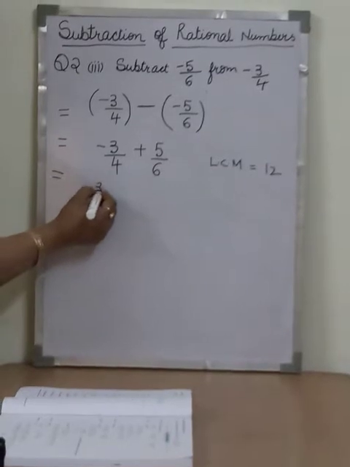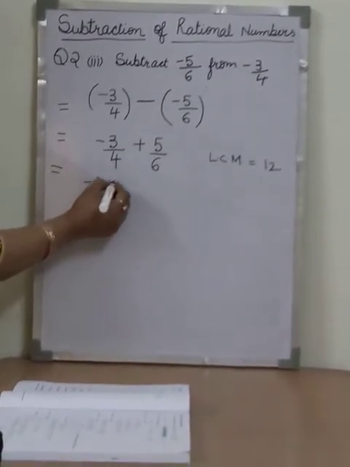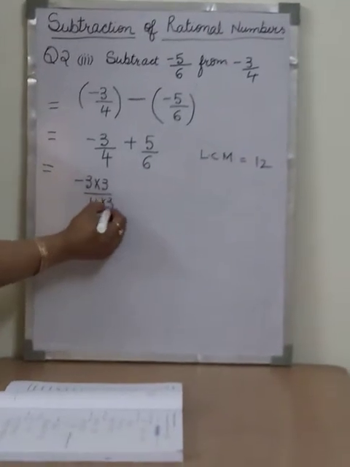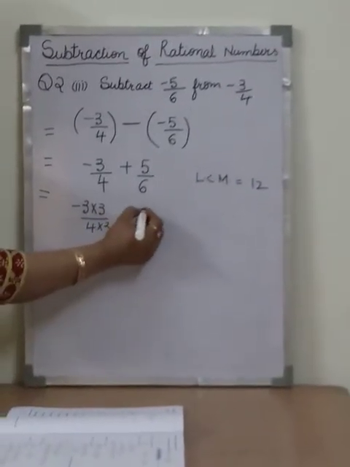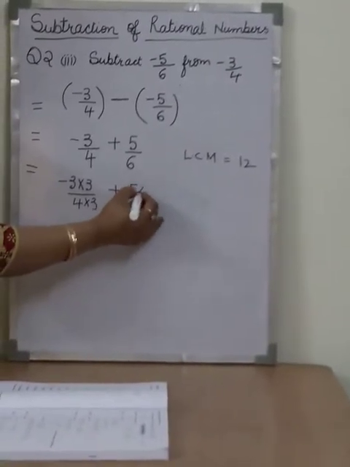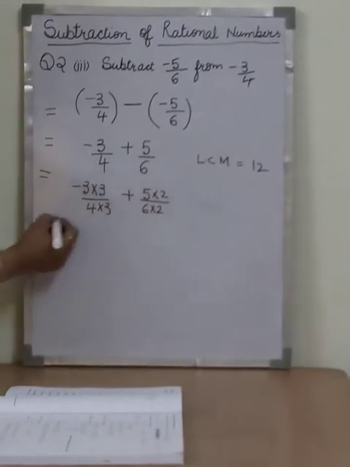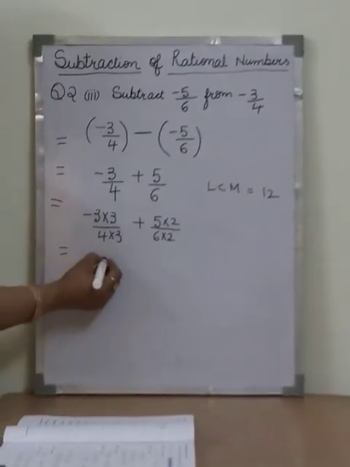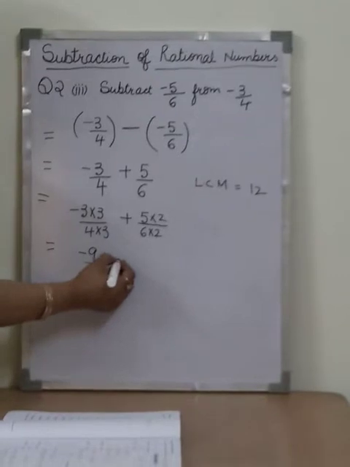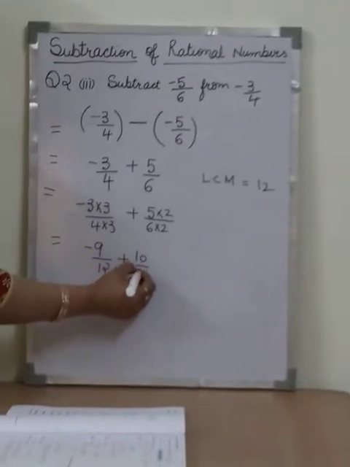It is 3. We multiply 4 into 3, that gives you 12. What should be multiplied with 6 to give you 12? It is 2. So we multiply in the numerator as well. Now what we got? Minus 9 upon 12 and plus 10 upon 12.